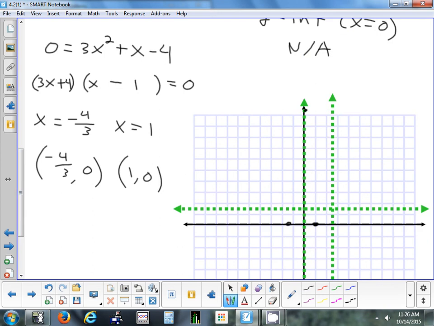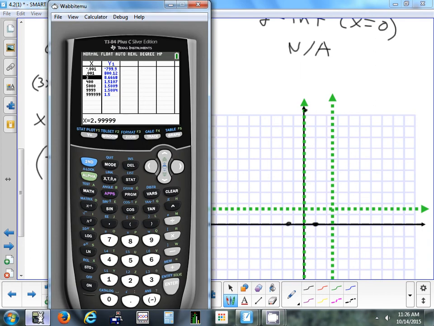Okay, Dave, what would be a good value just to the left of 2.5? 2.4. I would go 2.49. Yeah, just go really close to it. All right, and then we're at negative infinity.